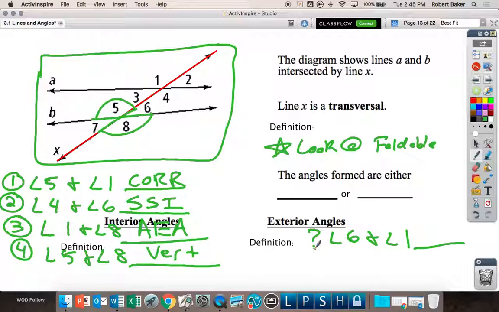Corresponding would be this one's on the right and above, this one's on the left and above. Linear pair? No, it said angles.